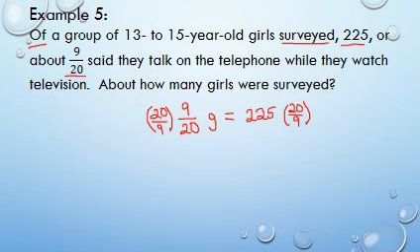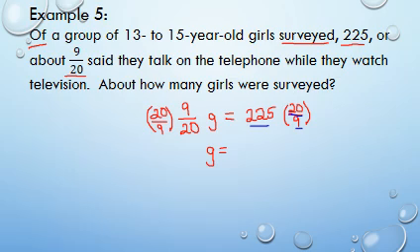So 20 times 9 in the numerator, and then the denominator, 9 times 20 will give us 180 over 180, which gives us 1, which is the coefficient in front of the variable g. That 1 does not need to be written. And then over on this side, you can write this out if you want to, but you can also type this into your calculator, 225 times 20, then divide by 9.